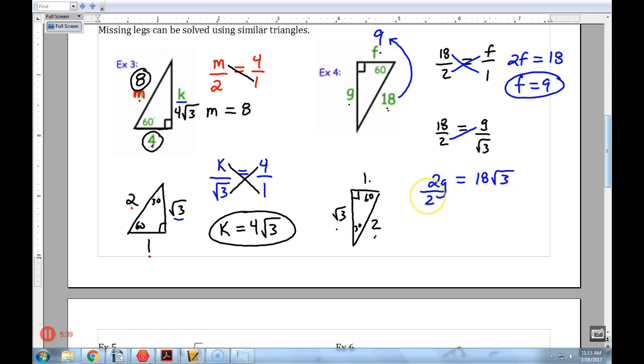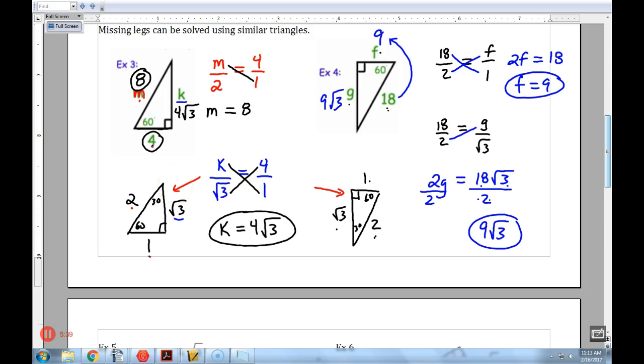And divide this side by 2. Divide this side by 2. Remember, I cannot do a number inside a radical with a number outside a radical, so I can only divide these two numbers, and I will get 9 square root of 3, which again fits the pattern that you should see. Okay, but it all comes from drawing these little triangles down here with the known ratio of 1, radical 3, 2.